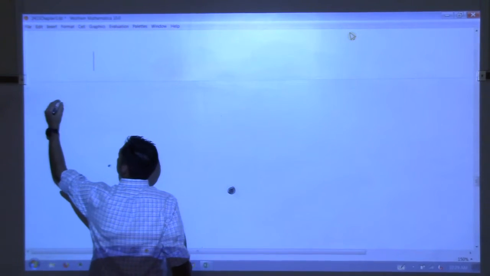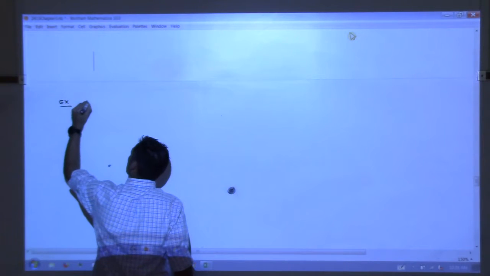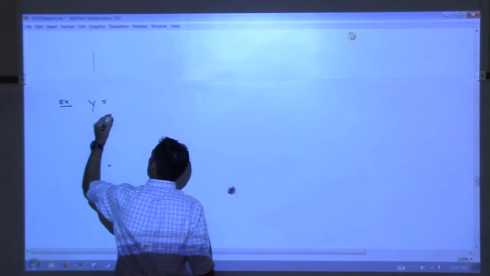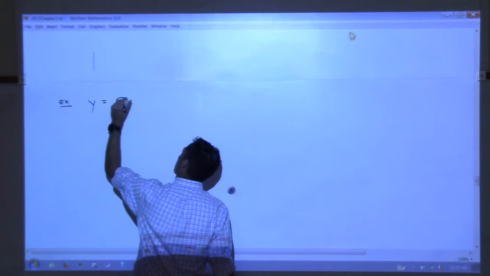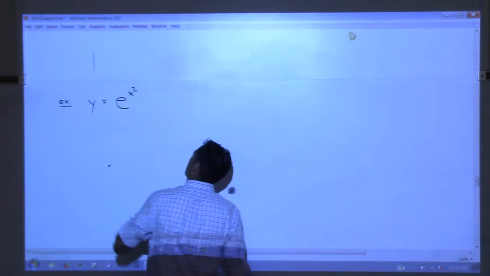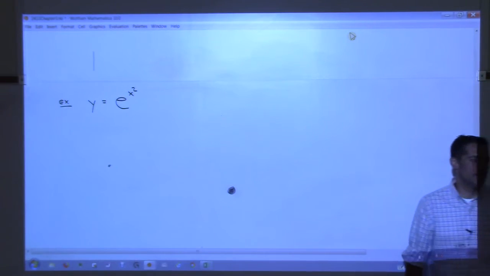All right, let's take a look at an example here. I'm going to let you mess with this one, see if you can figure out what this is. Try and find the derivative of that. Y is e to the x squared. Your hint is that you have to use the chain rule.